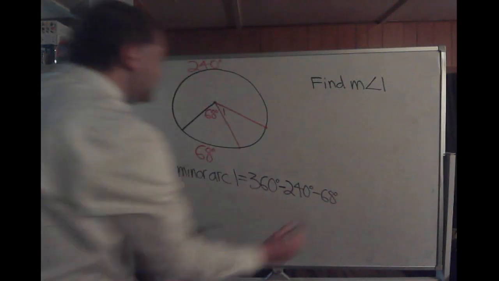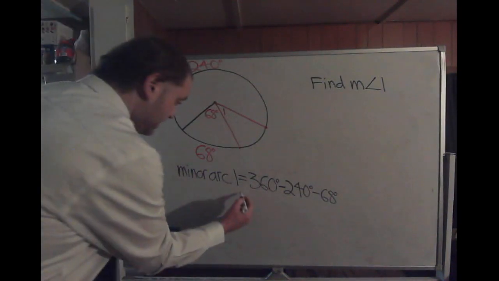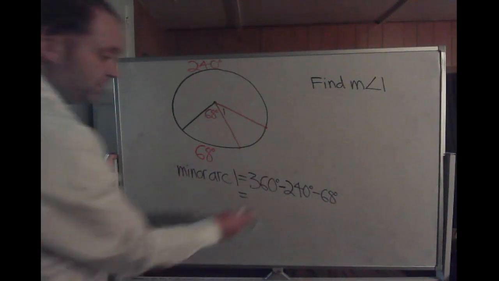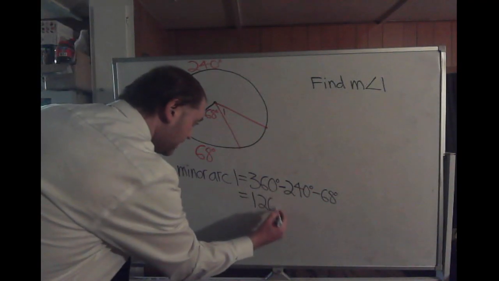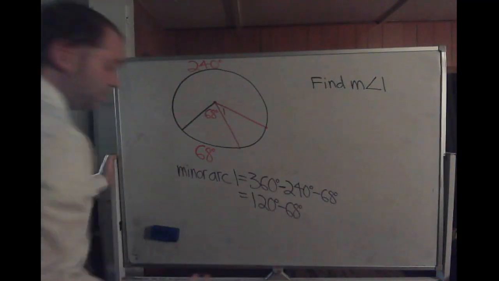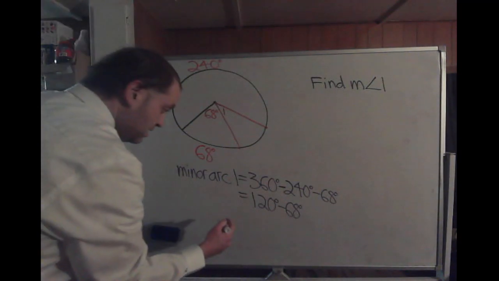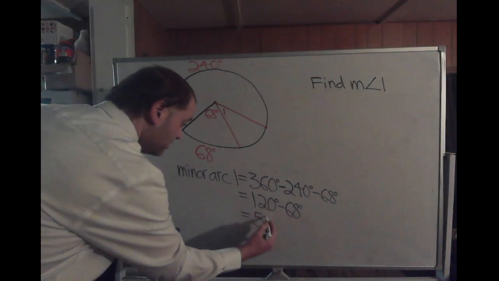So basically, you're going to take the sum of these two away from 360. 360 minus 240 is what? That's 120 degrees minus 68, which should give you what? 52.